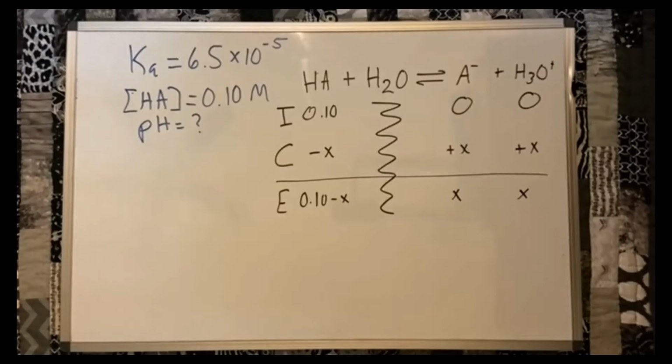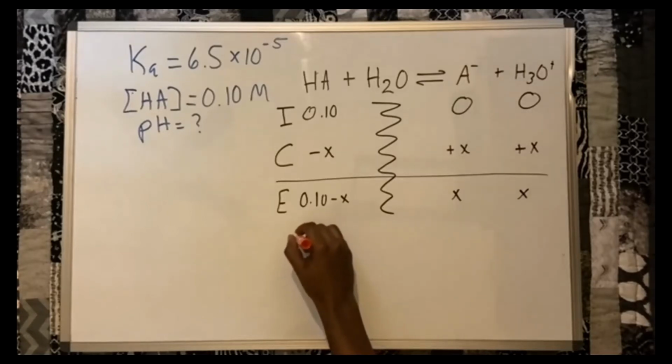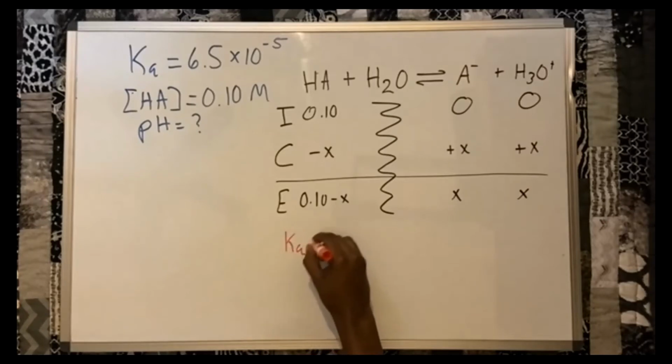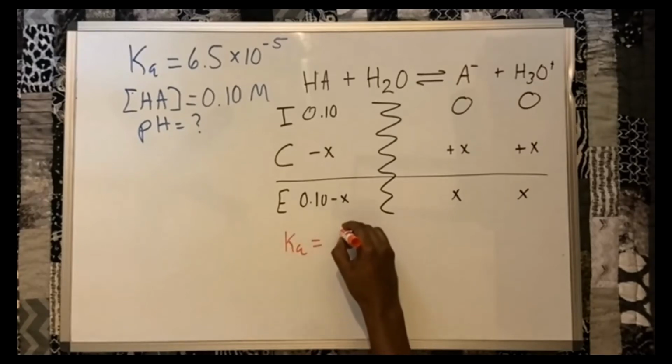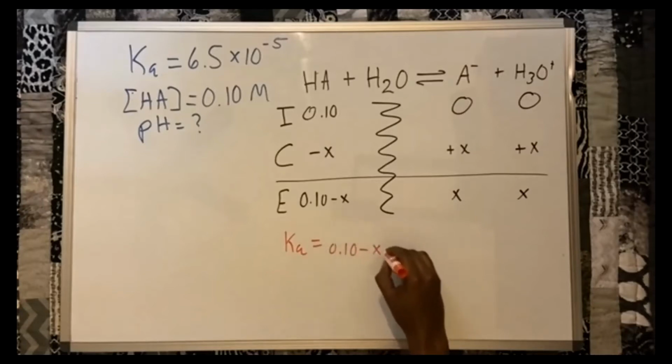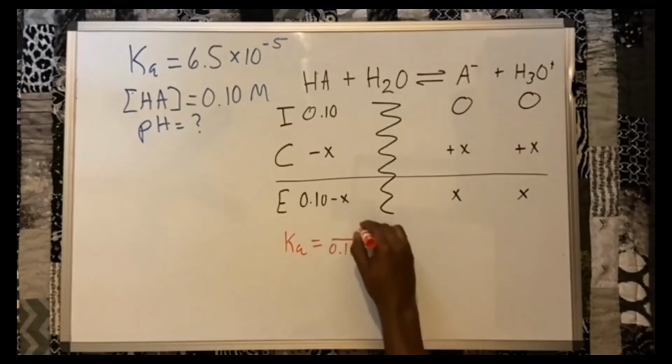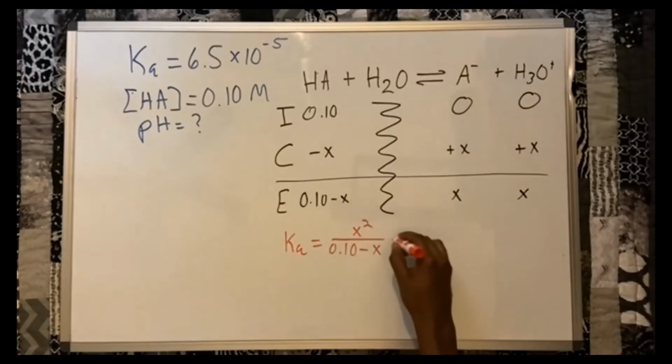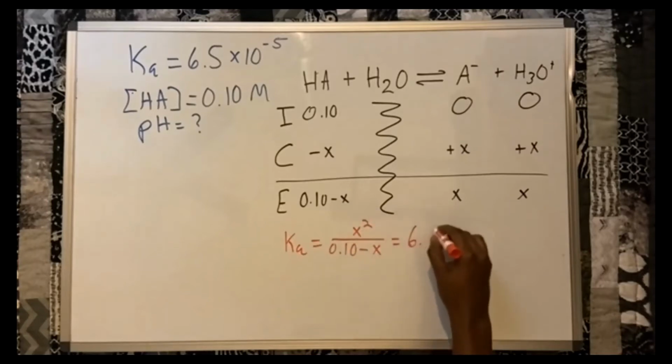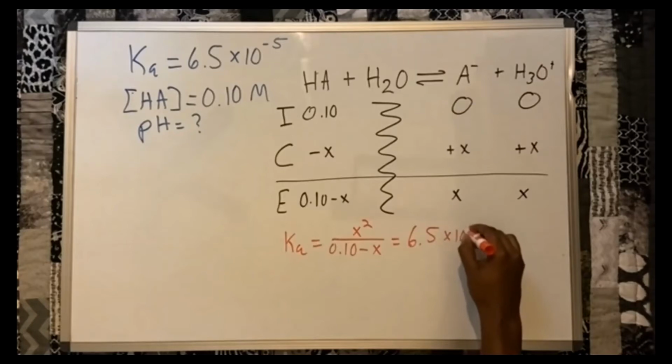Put it into the equation for solving for Ka. So Ka is what? 0.10 minus x over x squared, right? That's 6.5 times 10 to the negative 2.